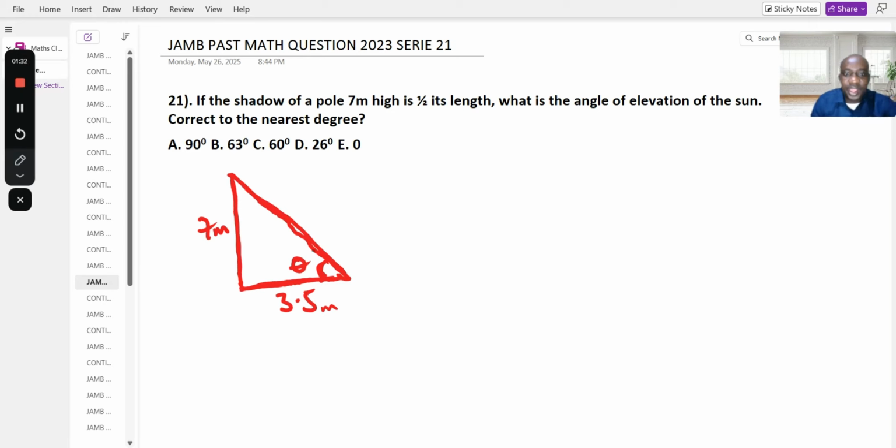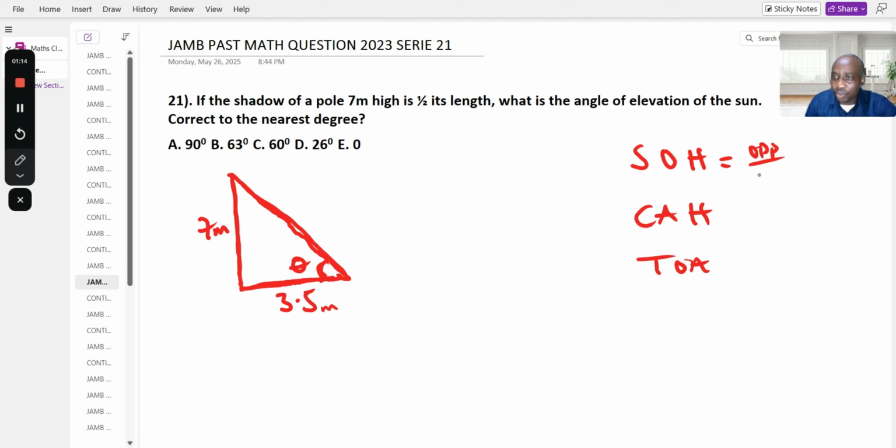Now there is something I talk about, SOHCAHTOA. You need to know the meaning. SOH is opposite over hypotenuse. CAH: A stands for adjacent, H stands for hypotenuse.